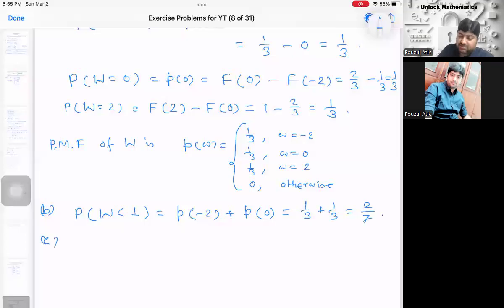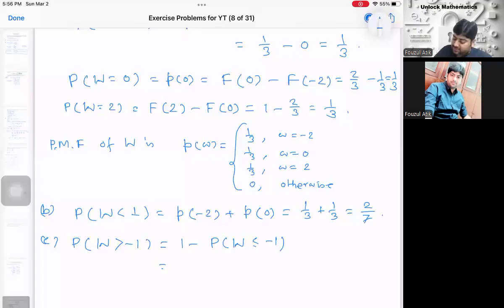Now part C is P of W greater than -1. You have to calculate P of W greater than -1. Now how to do that? Again, it's an easy one. We know that the probability mass function's whole sum is 1. So it is 1 minus P of W less than or equal to -1.